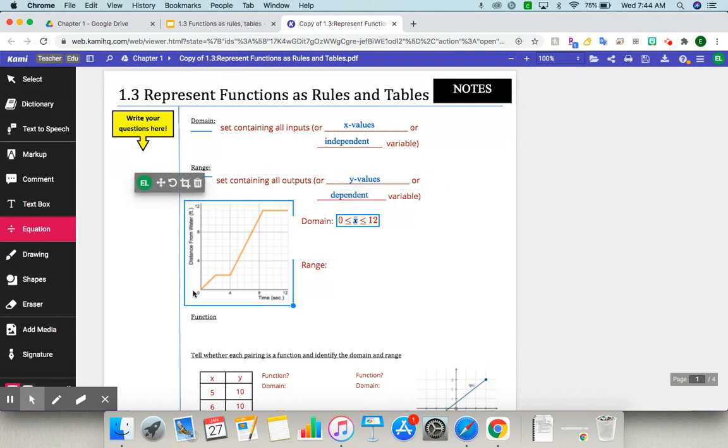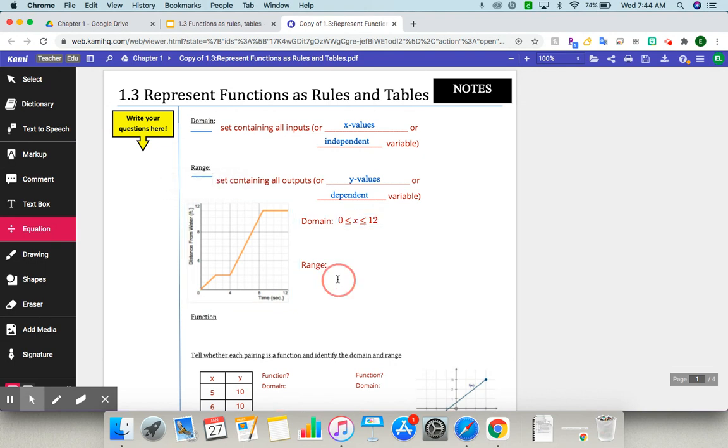Now when we're looking at the range, we want to identify with the y-axis, since that is the set containing all of the outputs. So in this case, just like the domain, the range starts at a y value of 0.